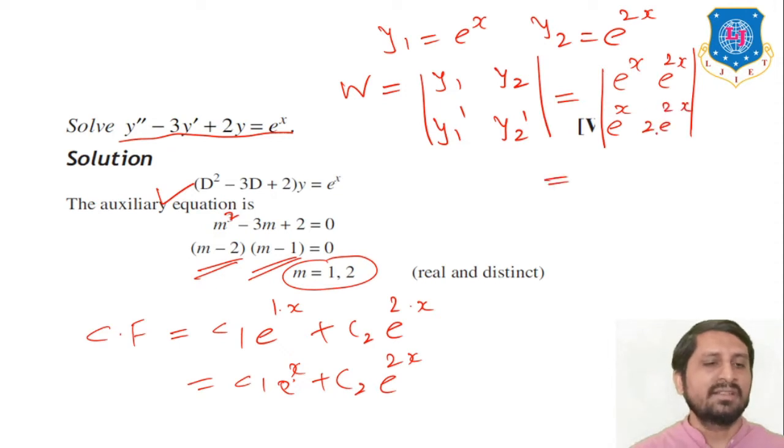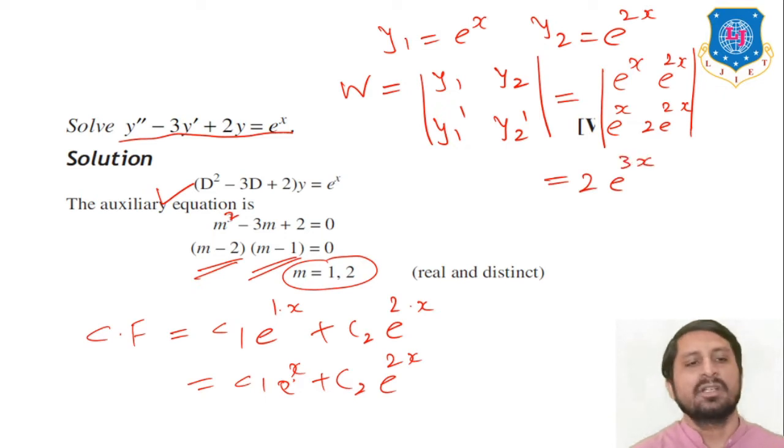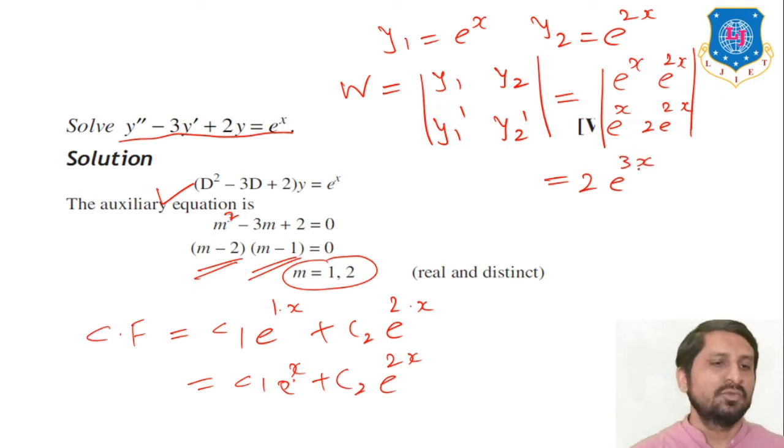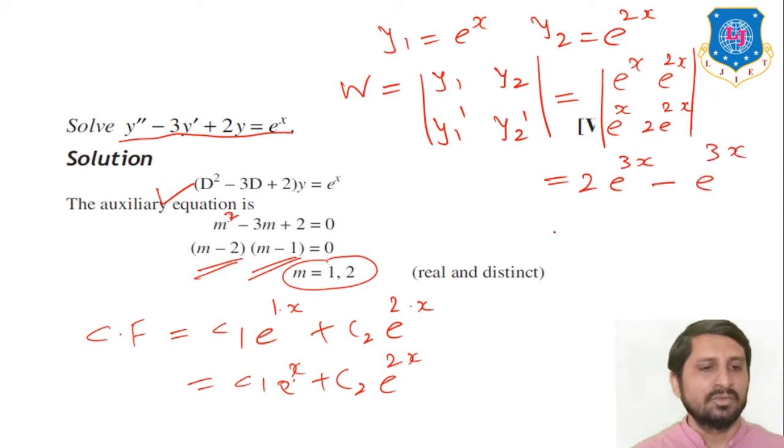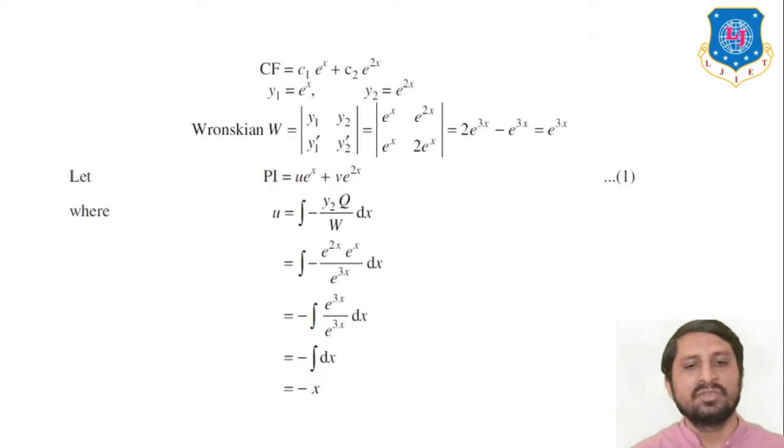So e raised to x into 2 e raised to 2x gives 2 e raised to 3x, minus e raised to 3x, which equals e raised to 3x. So the Wronskian determinant is e raised to 3x.